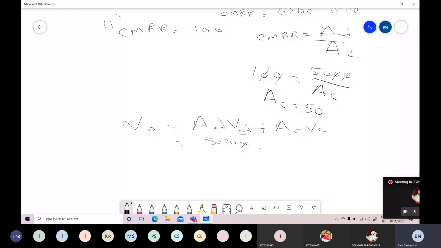VD is the difference of the two inputs, V1 minus V2. AC we got as 50. VC is the common mode voltage, V1 plus V2 by 2, the average of the two input voltages.